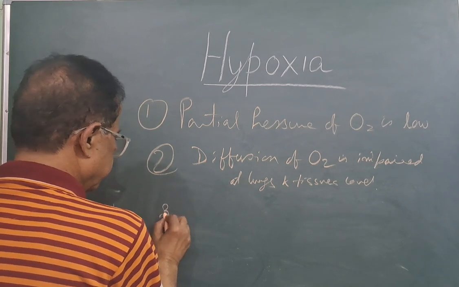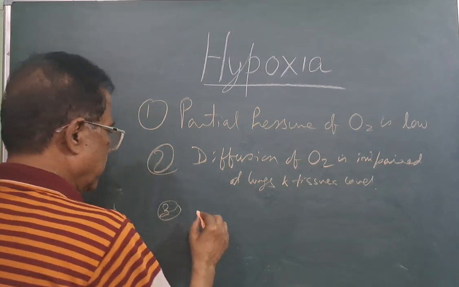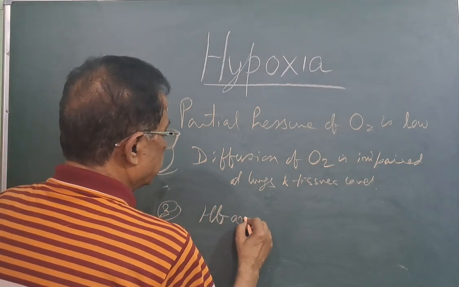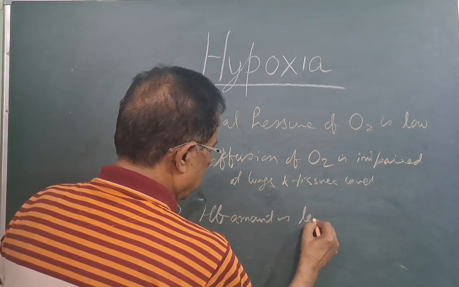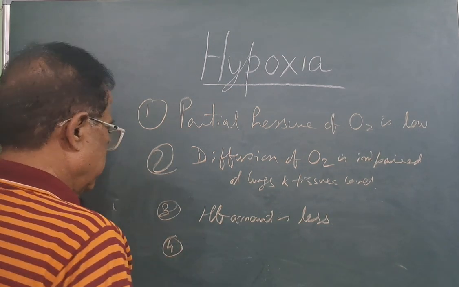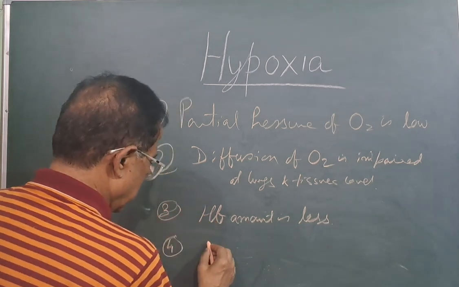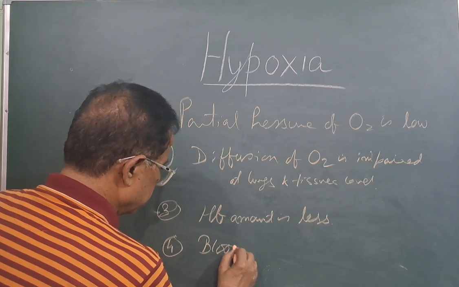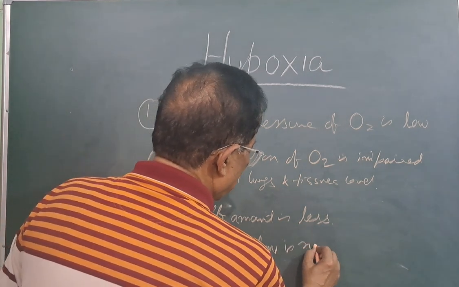Number three, the carrier of oxygen, that is hemoglobin, the amount of hemoglobin is less. Then fourth, stagnation. Blood flow is not proper.